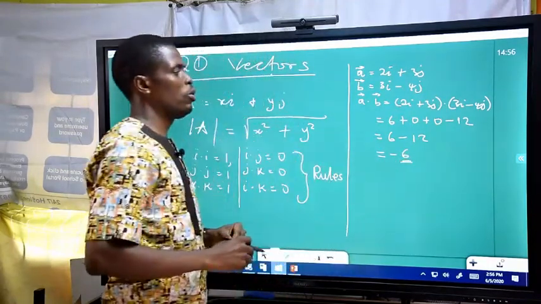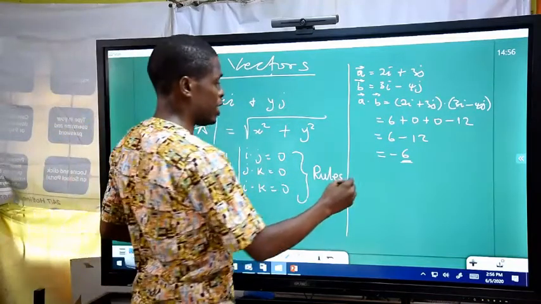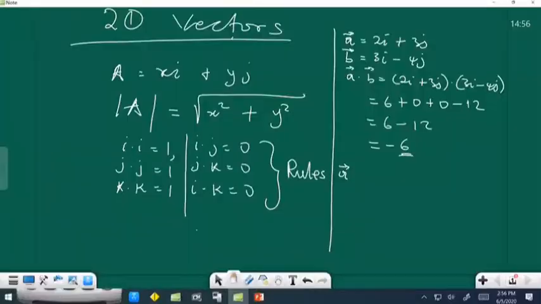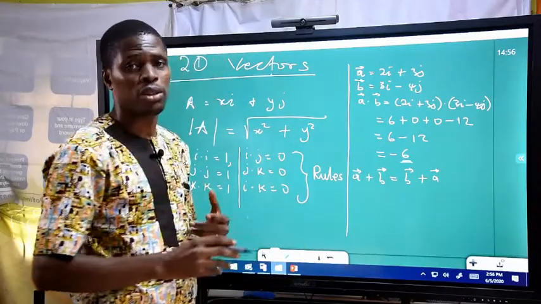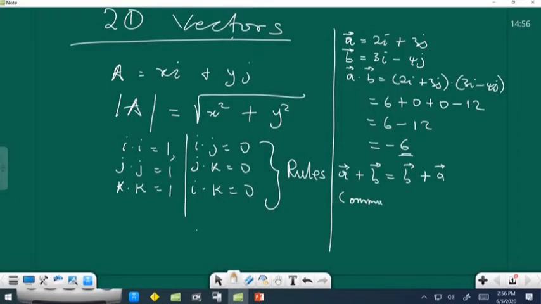We have also been able to establish the multiplication. We can also do addition of those vectors. Vector A plus vector B is equal to vector B plus vector A. That means they are commutative. Addition of vectors is commutative. When we talk about commutative, that means you can swap the position of the vectors.